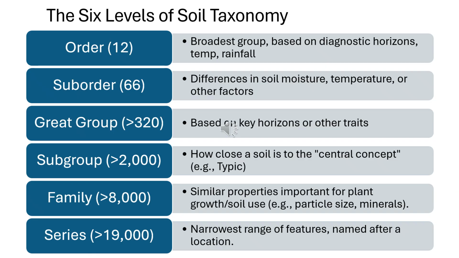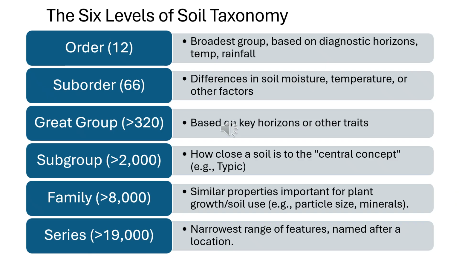There are 12 recognized orders, and these are the broadest groupings based on the presence or absence of certain key layers in the soil profile, called diagnostic horizons, as well as average temperatures and rainfall, aka climate. Below orders are suborders. There are about 66 of these, and the members of the same order often differ here based on moisture or temperature.